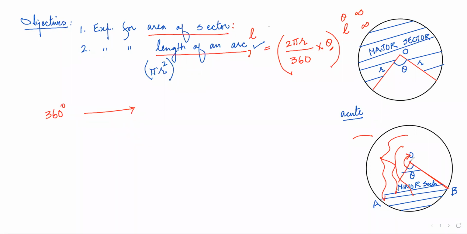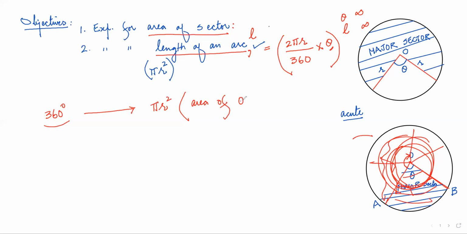For 360 degree angle, what was the area of the sector? See, initially this was the area of the sector enclosed between two radii. Now the area increased, and finally it became a complete circle. So for 360 degree, what is the area of the sector? Pi r square, that is actually the area of the complete circle.